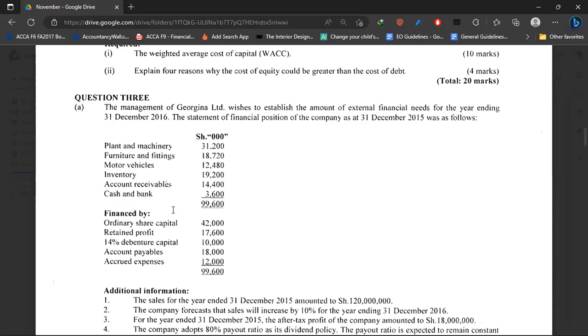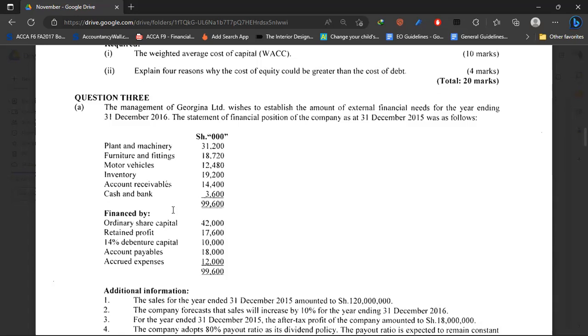The management of Georgia Limited wishes to establish the amount of external financial needs for the year ending 31st December 2016. The statement of financial position of the company as at 31st December 2015 was as follows. Plant and machinery, 31,200, furniture and fitting, 18,720, motor vehicle, 12,480, inventory, 19,200, account receivable, 14,400, cash and bank, 3,600.